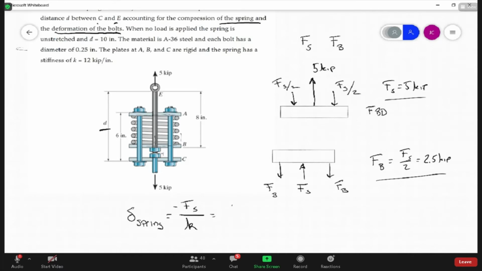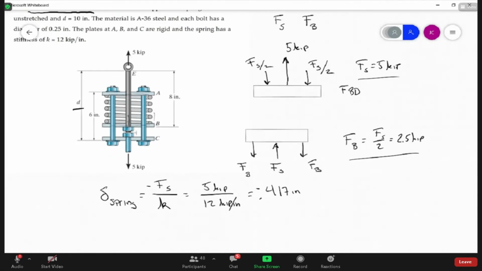So that's 5 kips over K, which is 12 kip inches. Obviously that gives me units of inches. So 5 over 12 is 0.417 inches compression.